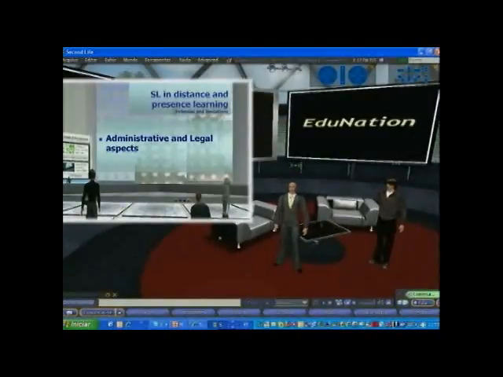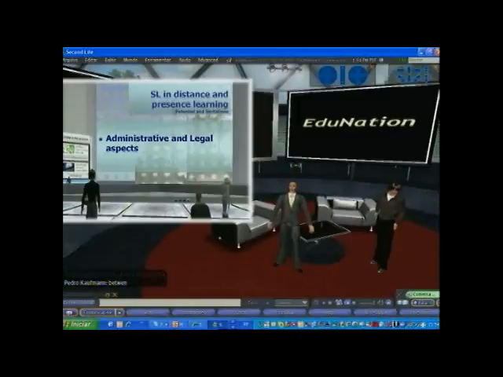And to get the permission to put all together is very, very, very complicated and difficult. So administrative and legal aspects are a barrier to make a good teaching and learning in, let's say, the teens environment.